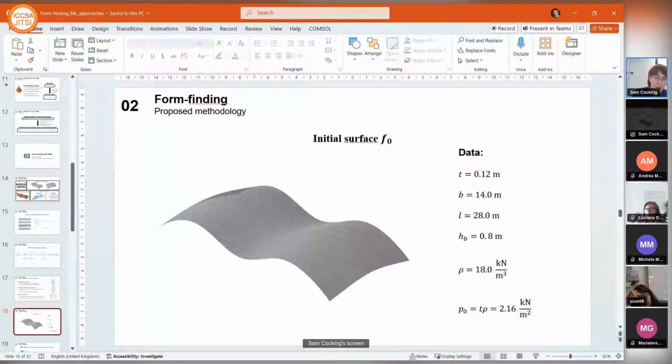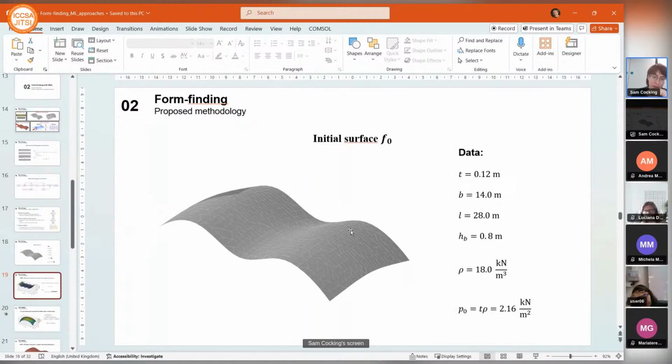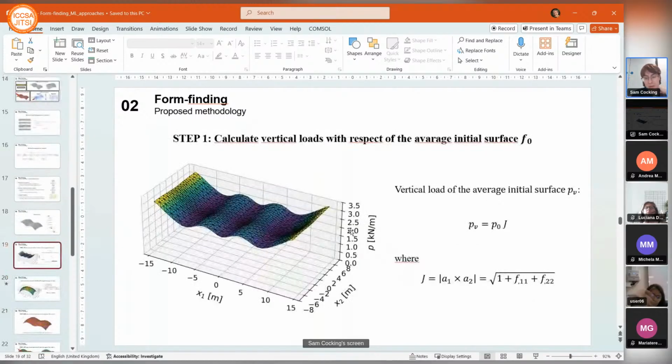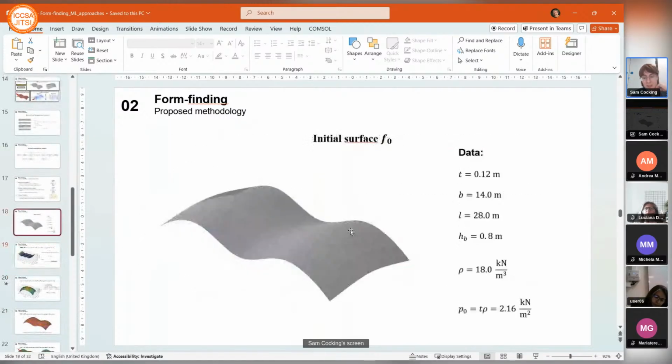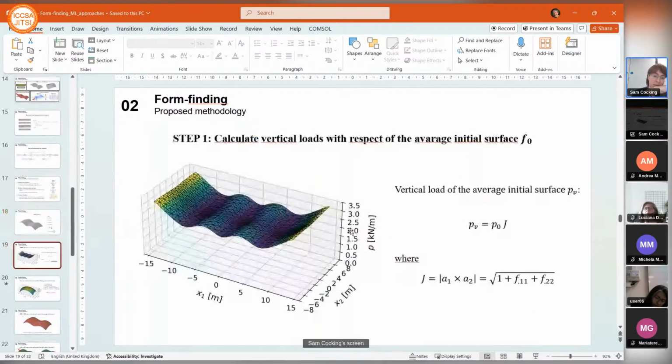So running through quickly what that looks like using k-nearest neighbors for the plots. We start with this initial surface, we mesh it, we work out what the density of the shell is and therefore what the load distribution will be. We find the actual applied vertical loads because of course this form is curved in space, so it's not a uniform load that's applied, it varies over the domain.